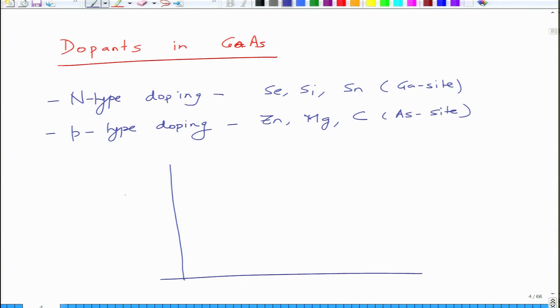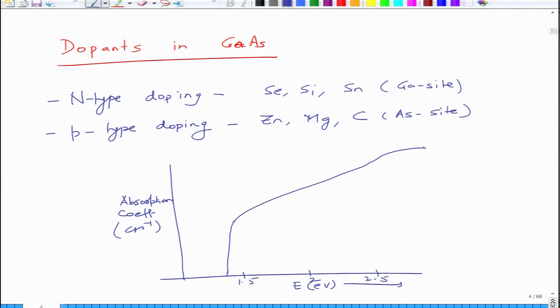So, let us say you have absorption coefficient alpha in centimeter inverse, and then we have E in eV. If you think of, let us say, this axis as 1.5 to 2.5, then gallium arsenide is slightly lower than 1.5. The band gap will increase like this, and aluminum gallium arsenide will be somewhere here.